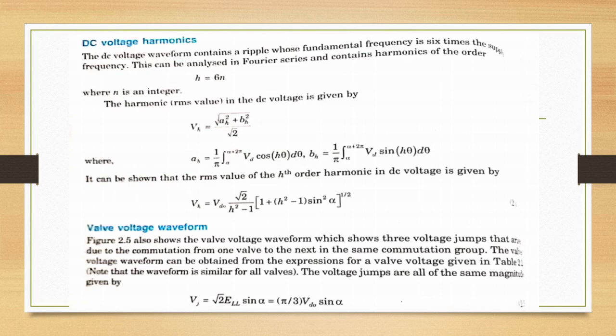Bh is 1 by pi integral from alpha to alpha plus 2 pi of Vd sin h theta d theta. So it can be shown that the RMS value of the hth order harmonic in DC voltage is given by Vh equal to Vd0 root 2 by (h square minus 1) into (1 plus (h square minus 1) sin square alpha) whole power half. Now let us see the valve voltage waveform.